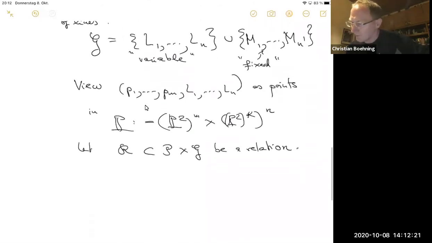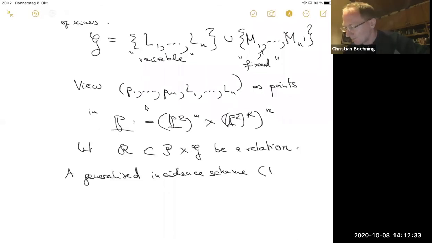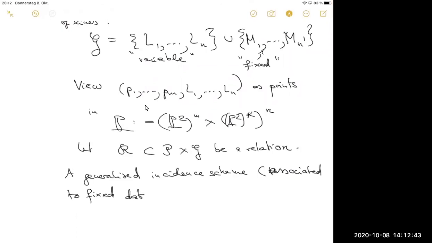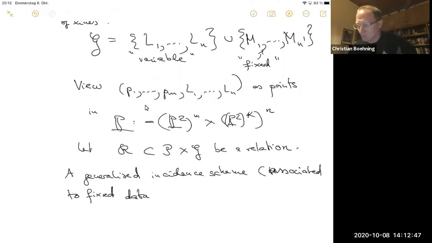And then what I want to define, so I say a generalized incidence scheme associated to fixed data. Yes, I'm hearing some. By relation, you just mean arbitrary subset? Yes. Arbitrary subset. Just arbitrary subset. Yes.